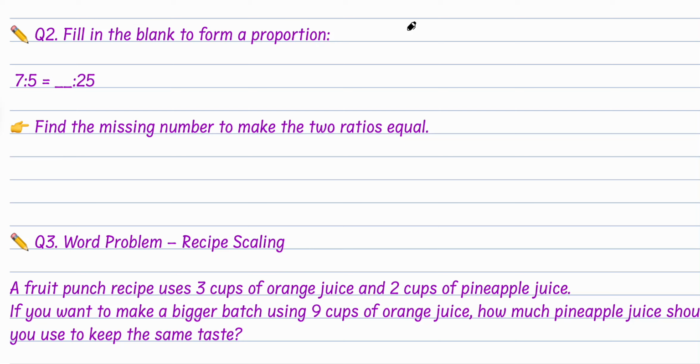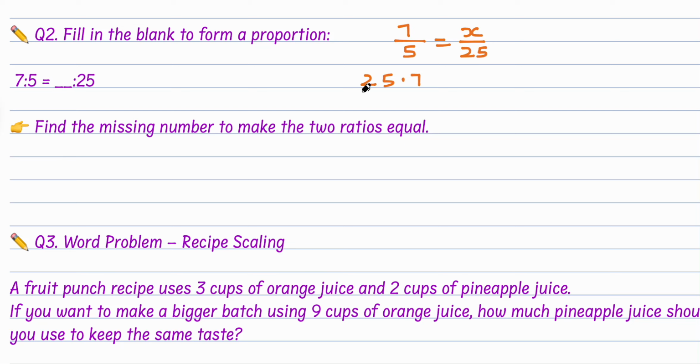So the necessary condition for it to be a proportion is that two ratios must be equal. Now this number is missing here, right? So that means we have to find this number. This is our question. Okay, so let's multiply by 25 on both sides.